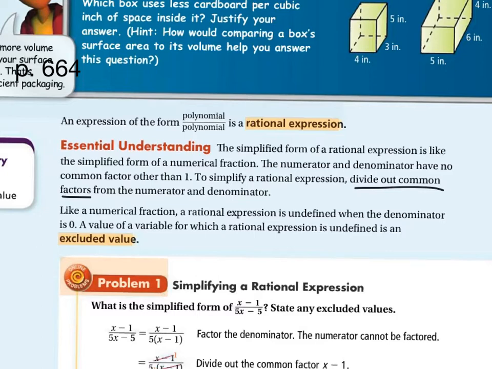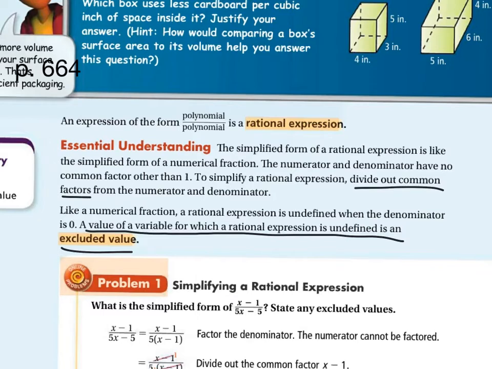And with fractions, we've talked about that our denominator can't be 0. So a value that would make the denominator 0 is an excluded value.